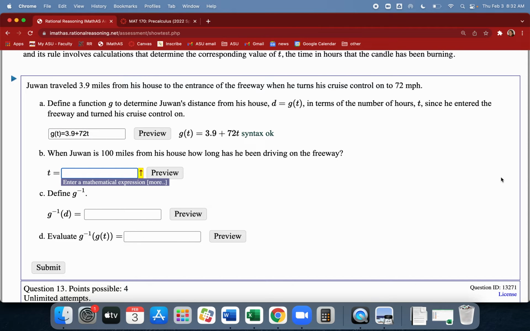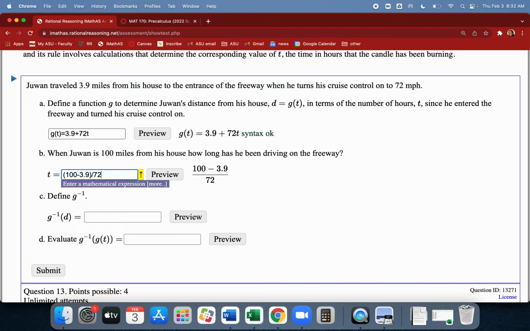If you don't want to compute it out manually, this is a calculator line. If I set this equal to 100, to solve I'd have to subtract 3.9 and divide by 72. So 100 minus 3.9, and then divide by 72.